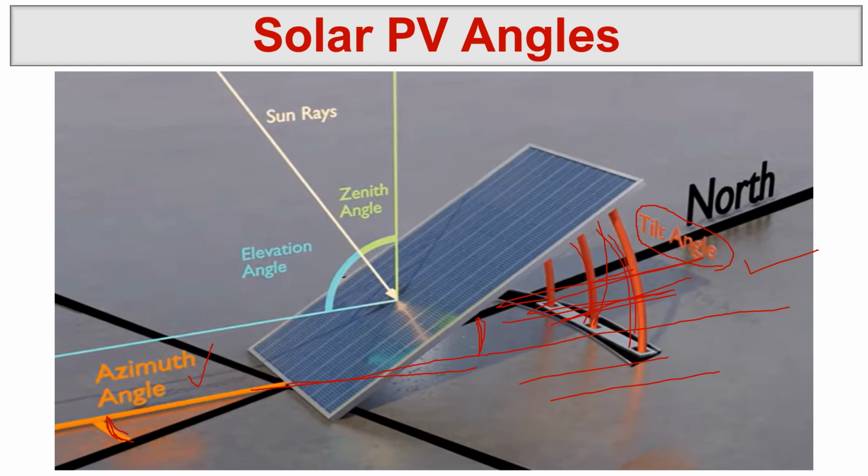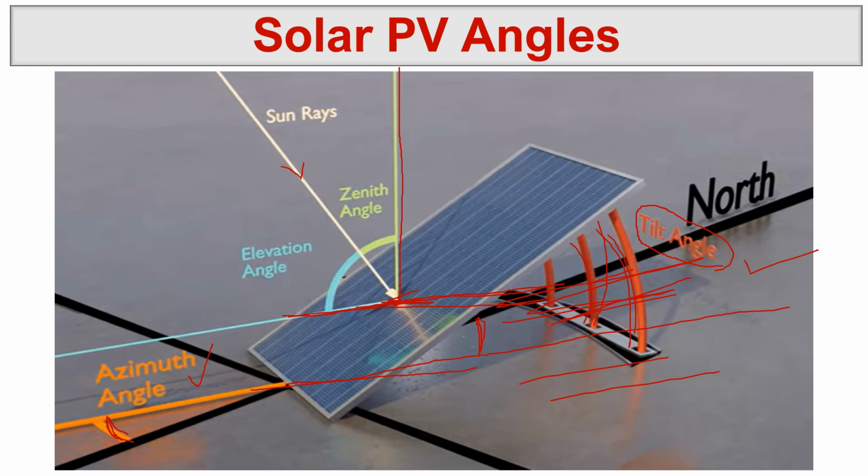Next we need to talk about the zenith angle. Zenith angle involves the sun rays hitting the solar panel. At this particular point, if you draw a horizontal line and a vertical line, sorry, my drawing is not perfect. If we extend this horizontal line, what does this horizontal line mean? It means the panel is facing at some angle, the tilt angle.